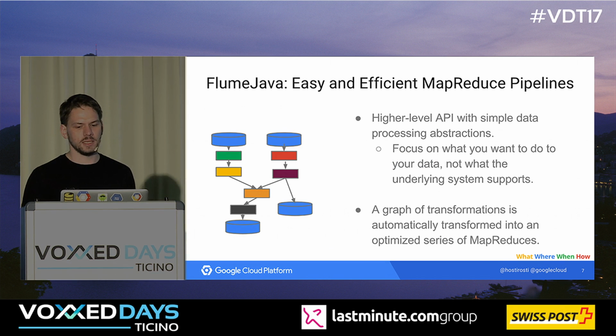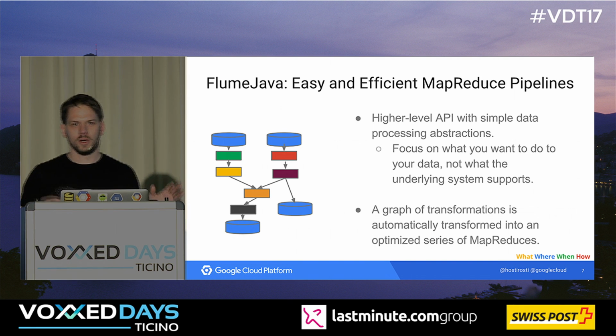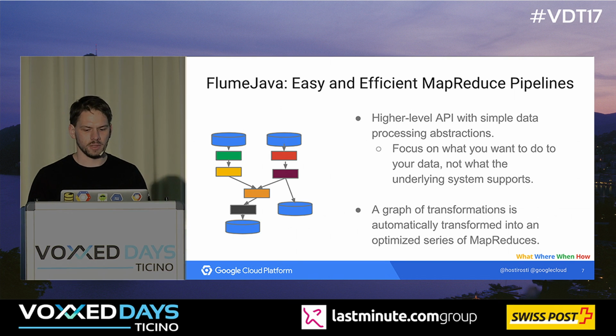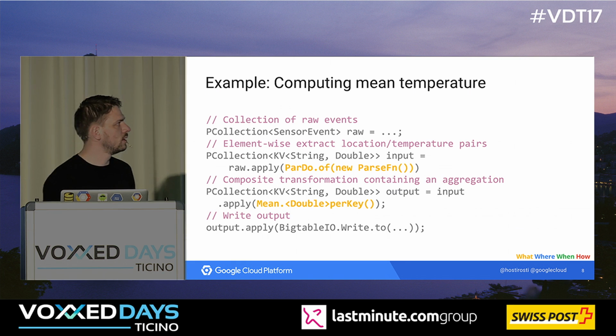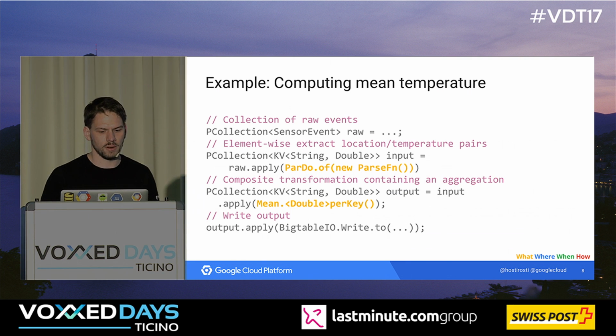which basically gives you a higher-level API to write MapReduce jobs and pipelines of multiple MapReduce jobs. So it's basically a graph of transformations that you write. It's still batch, and the code looks a little bit like this. You have a PCollection that you can process in parallel.